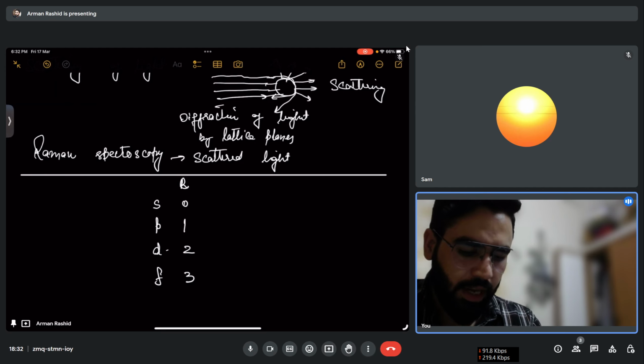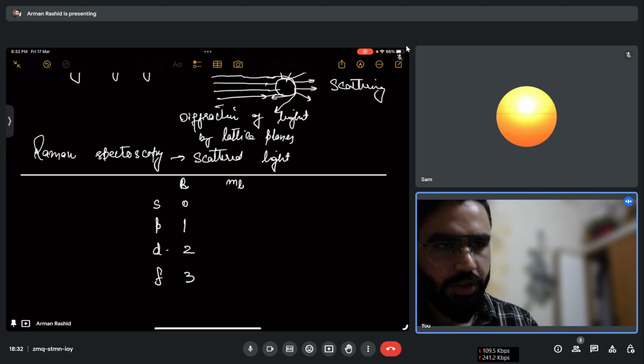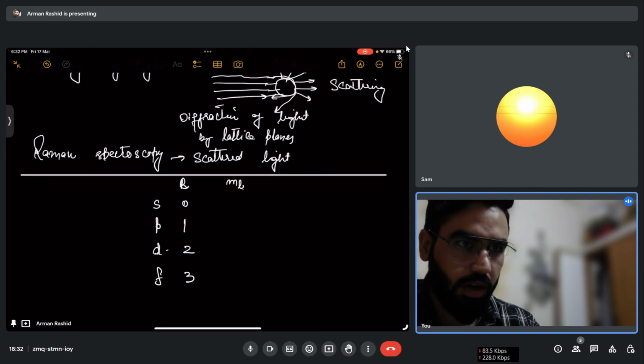Corresponding to different L we will have different ML. This gives the orientation of the magnetic moment with respect to the z axis. The number of ML values is always 2L plus 1, so it tells us different orientations.